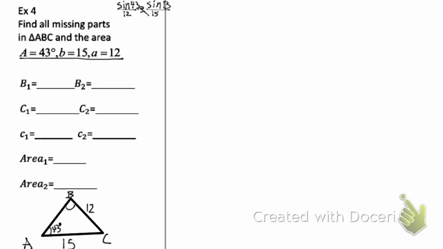Now let's cross multiply, and 15 sine 43 equals 12 sine B.